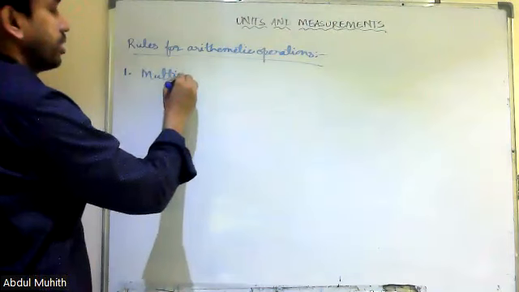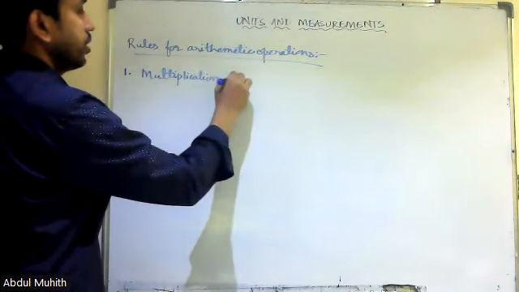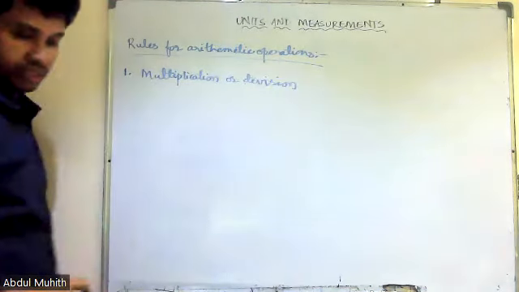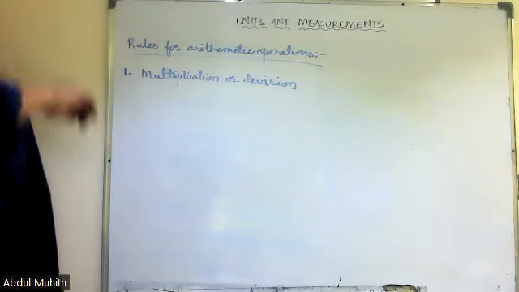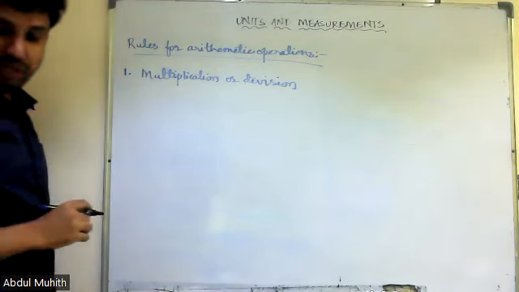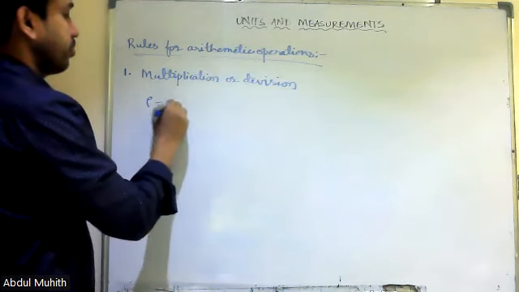Rules for arithmetic operations, whether it is multiplication or division. How to do it? Let us check. Now, we have density. So density is mass by volume.